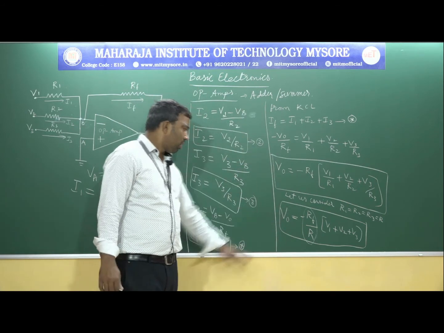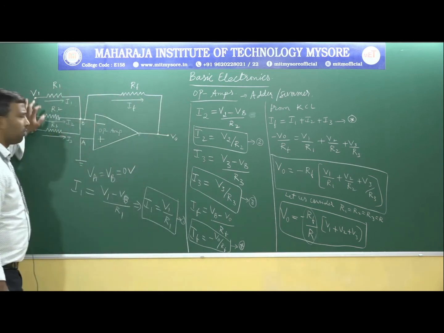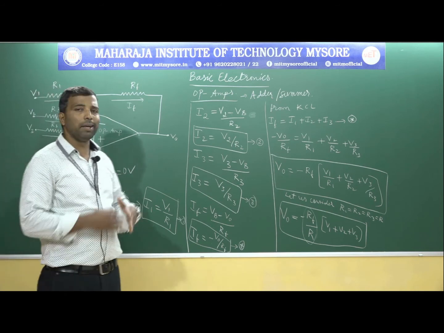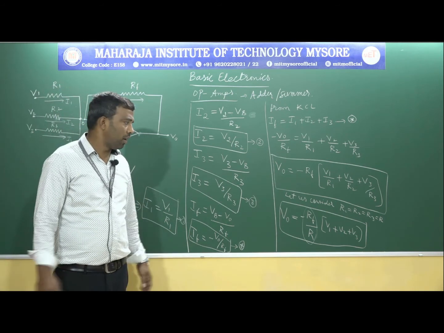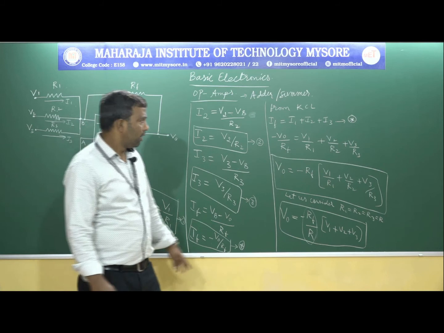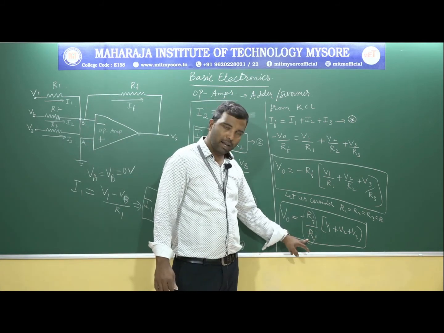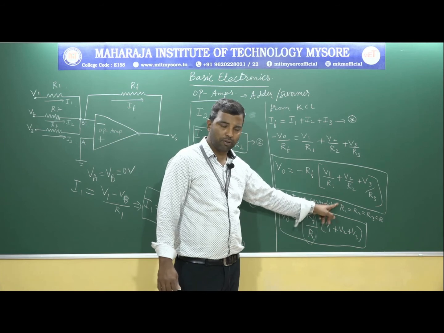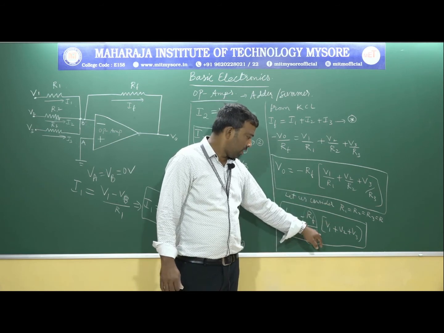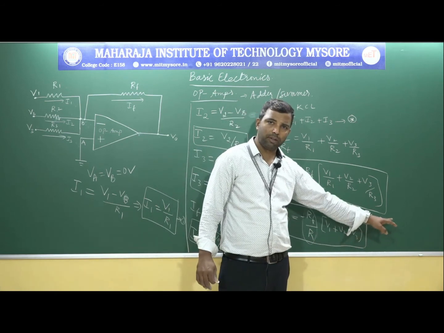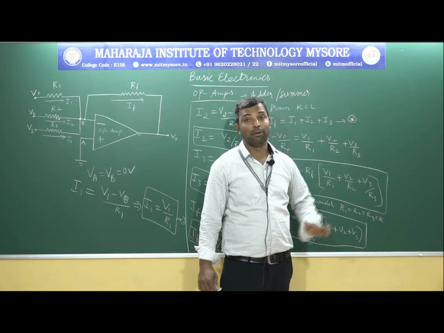Here it has only 3 inputs, V1, V2, V3. Let us consider n number of inputs. What is the final expression? VO equals minus RF by R, considering this assumption, into V1 plus V2 plus V3 plus V4 plus V5 and so on, plus Vn.